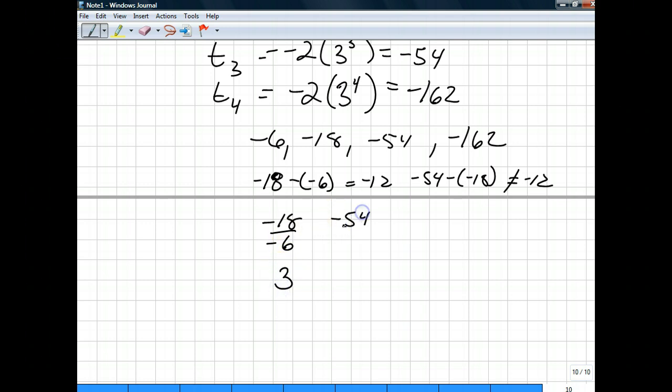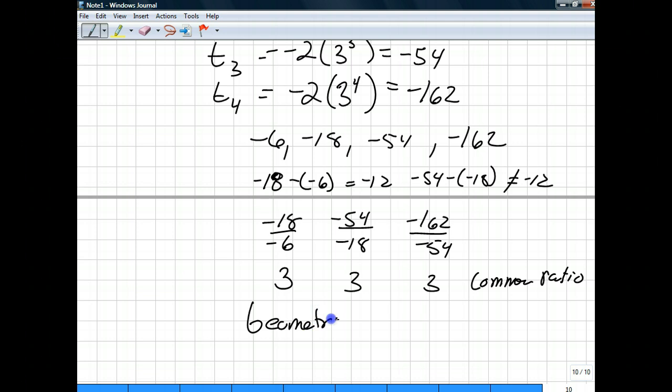Is negative 54 divided by negative 18 also a 3? Yes, it is. And just to double check, the last one is 3 also, so we have a common ratio. So this one is a geometric sequence.